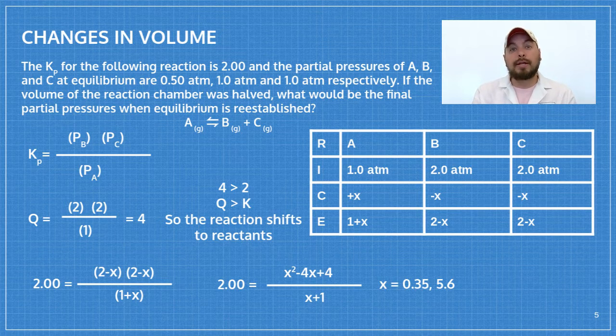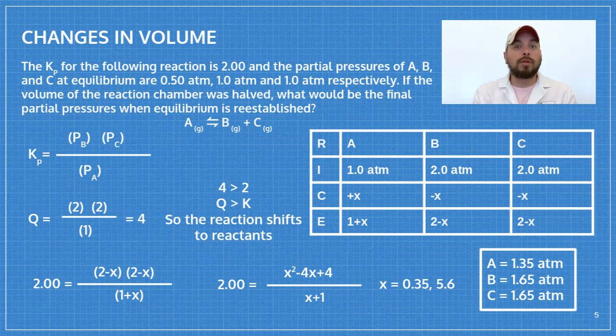This means at equilibrium, A is equal to 1 plus 0.35. B and C would be equal to 2 minus 0.35. So at equilibrium, our pressures of A, B, and C would be 1.35, 1.65, and 1.65 respectively.